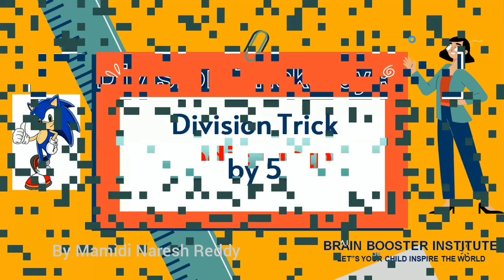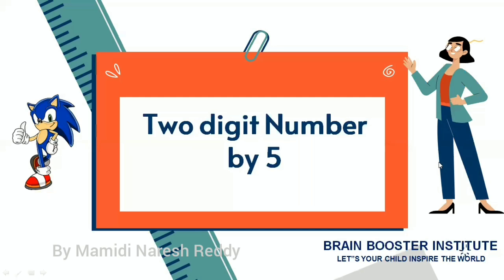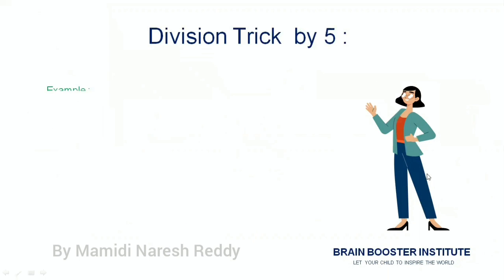Now, let's see. So, division trick by 5. First of all, let us go with the 2-digit number. Let us see with one example, my dear friends here. Right. This is the example, my dear friends. 15. We are going to divide the 15 with 5 here. What techniques and what steps are going to be involved to divide 15 with 5?